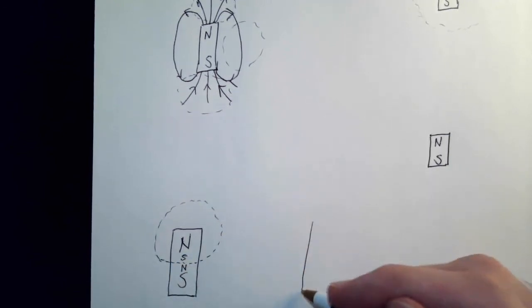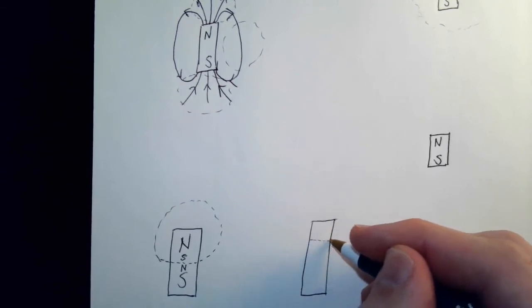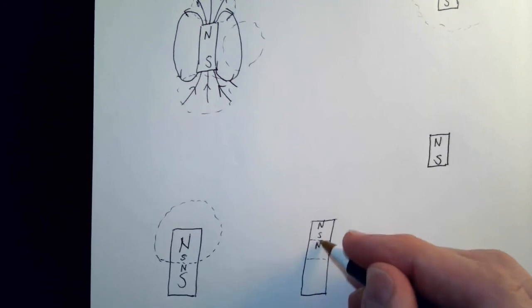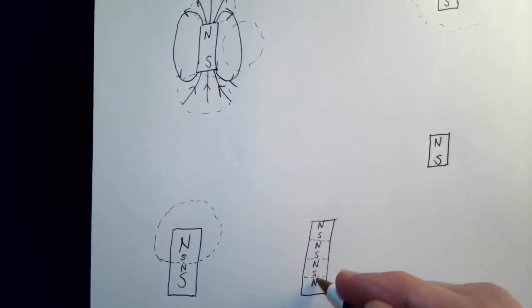Anywhere that you divide a magnet, whether it's actually splitting it in half or just conceptually splitting it, there's a north and a south end. And in fact, a bar magnet basically consists of a stack of small magnets.